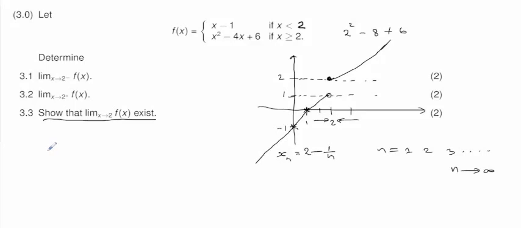So now if we say f at 2 minus 1 over n, substituting here, we'll have 2 minus 1 over n minus 1, which when we simplify by removing brackets, we get 1 minus 1 over n. Now as n grows towards infinity, this term becomes negligible, which means the difference will definitely approach 1.